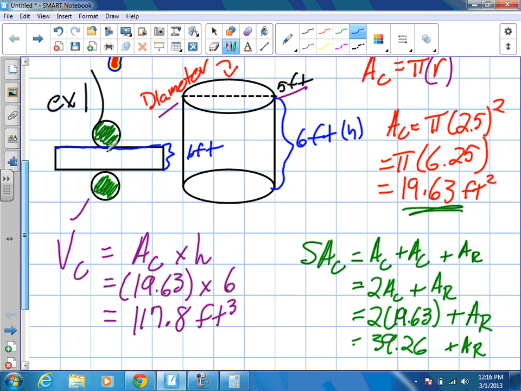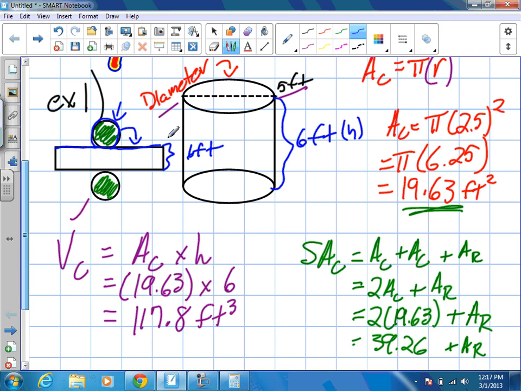The circumference. In other words, since it perfectly wraps around, the circumference of this circle is actually the length of this rectangle, right? There's no overlap. It lines up perfectly. So instead of just guessing what this is, we're going to find the circumference of the circle on top, and that's going to give us the length of this rectangle.